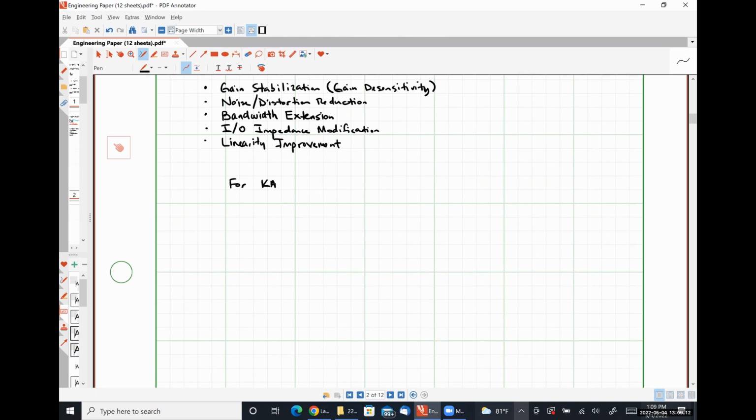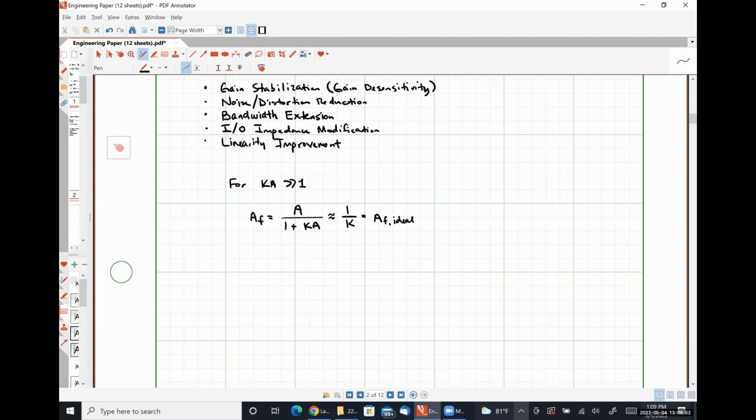For Ka much, much greater than 1, our closed loop gain AF, A over 1 plus Ka, becomes approximately 1 over K, which we will define as AF ideal.